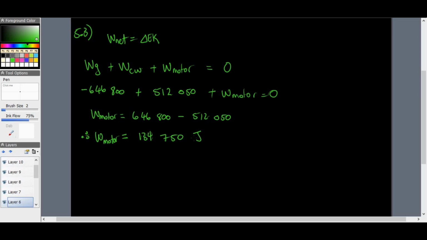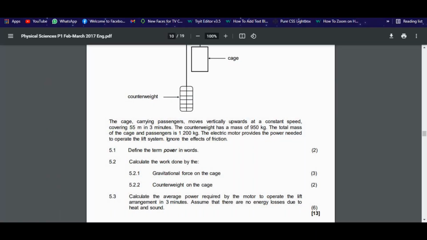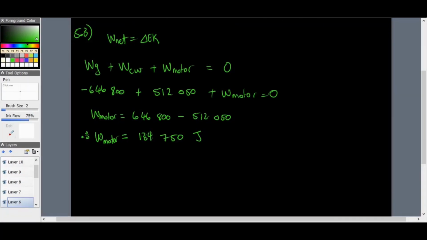Remember, for the question, they said calculate the average power required by the motor. So you need to know what the work done by the motor is. Then we come over here, pick another color.